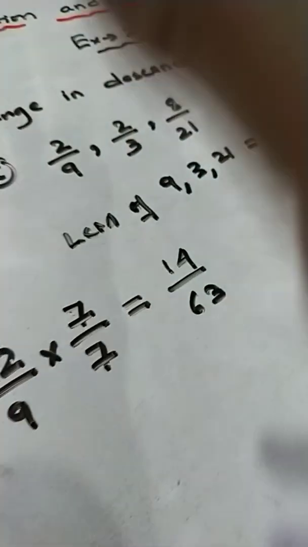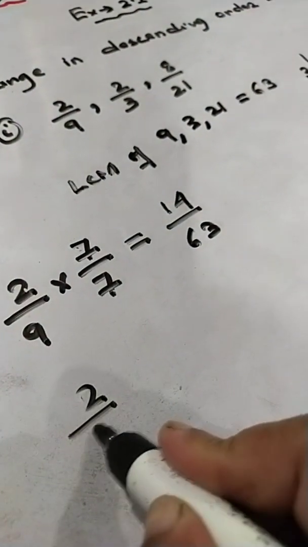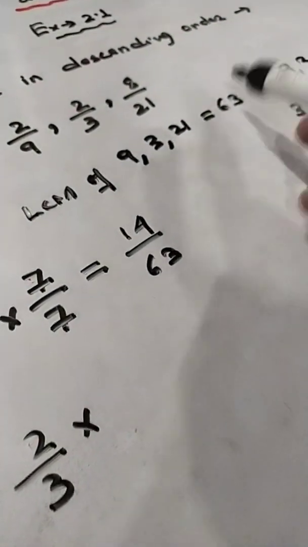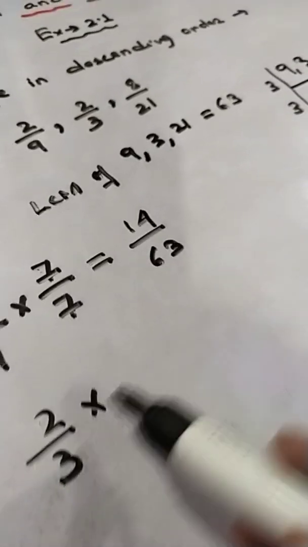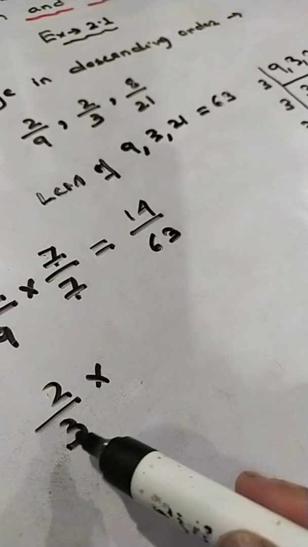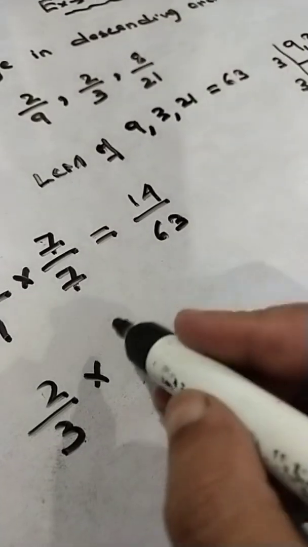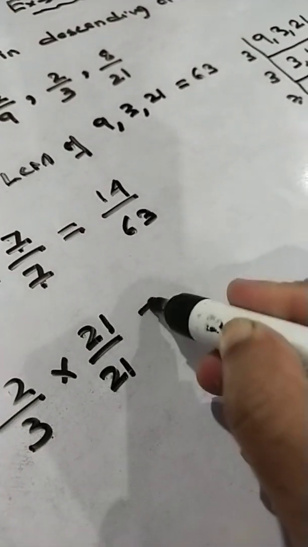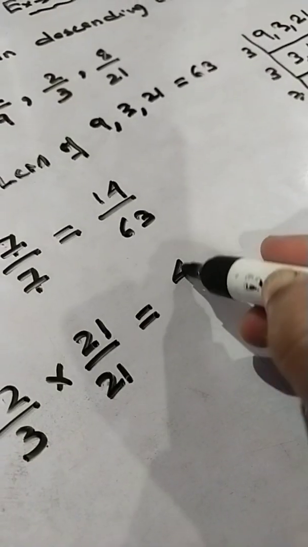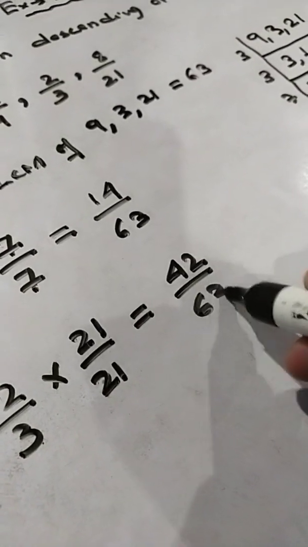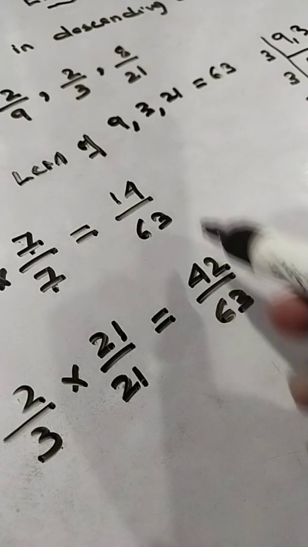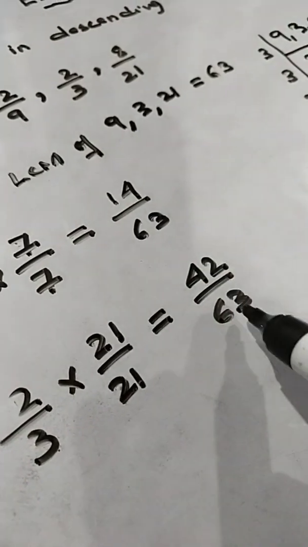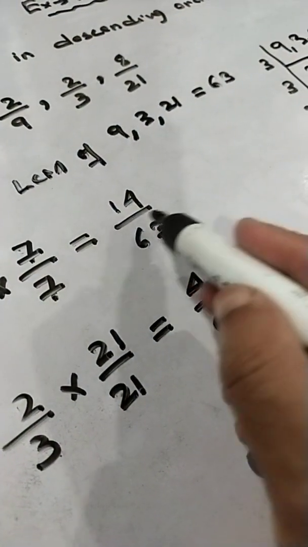Now we'll go to the second fraction, 2 by 3. Again we do the same thing. We divide 63 by 3 and get 21. Then we multiply 21 with the numerator as well as the denominator, so we get 42 by 63. Do you observe what I'm doing? I'm making the denominator of all 3 fractions the same, that is 63.